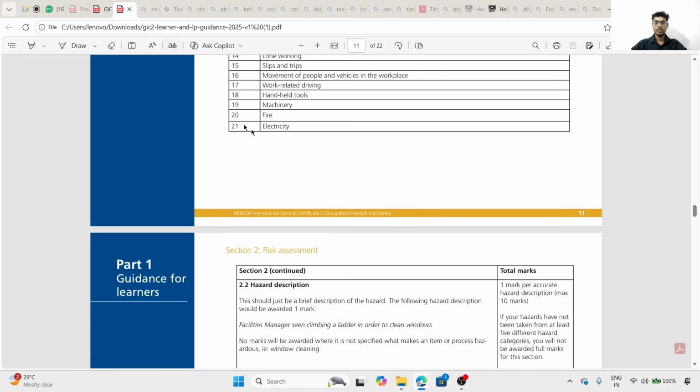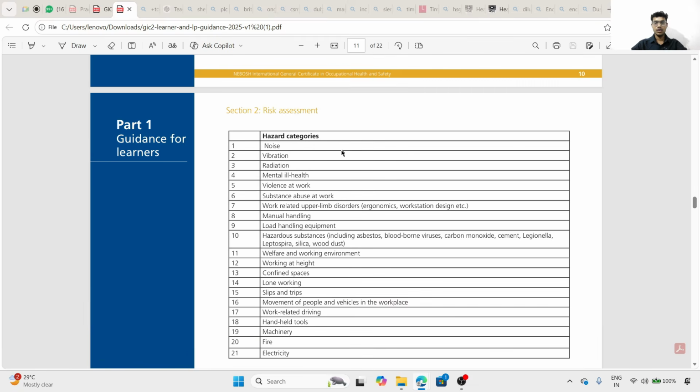This is the learner guidance that you have. Section 2, risk assessment. These are the hazard categories that you can find. From 1 to 21, you can see these are all hazards.